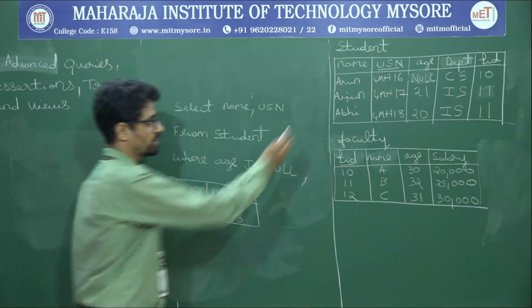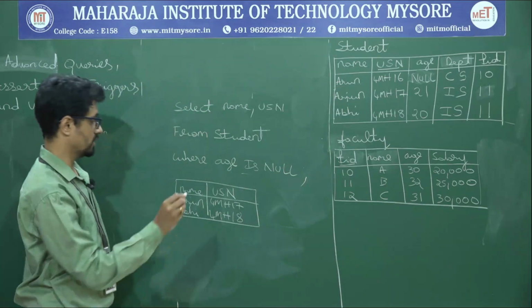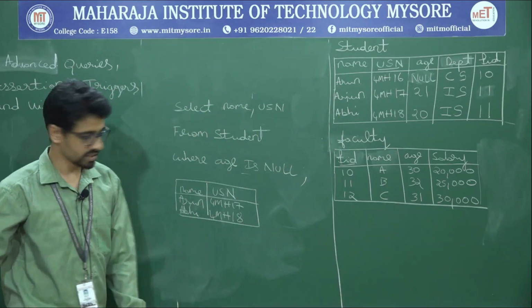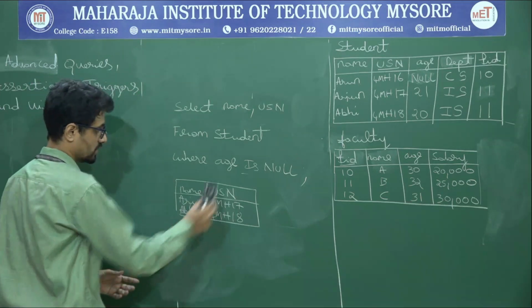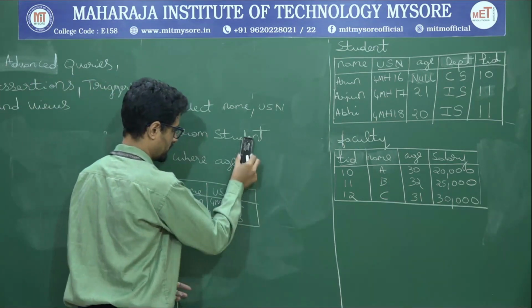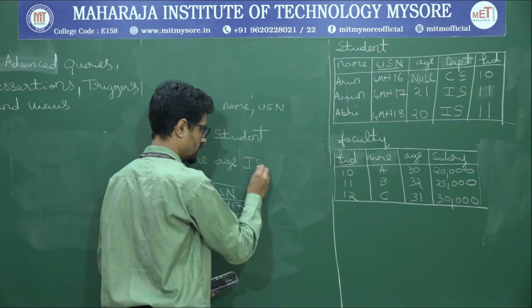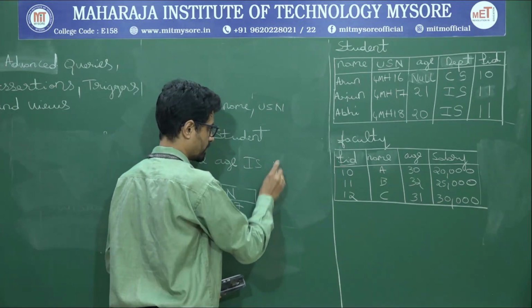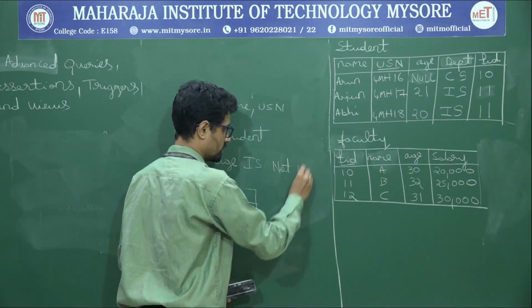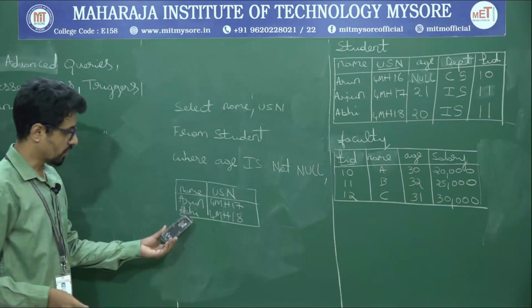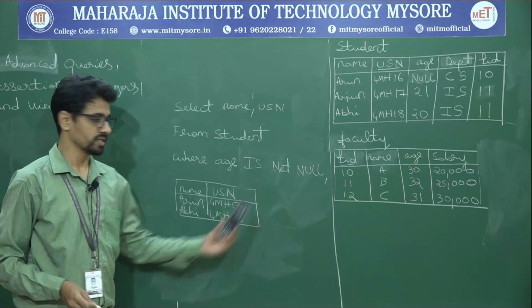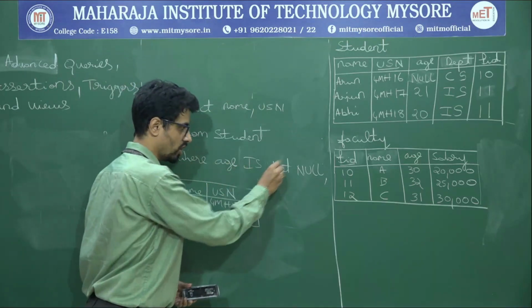Okay, because this is not being selected, sorry, where age is null. So in this case this is another output, and we'll come back to this. So what we can expect here is for not null. Sorry, this output is for this particular constraint, that is where age is not null.